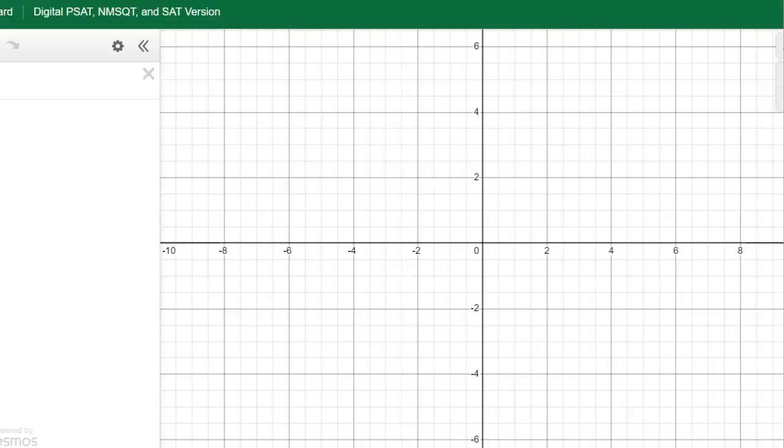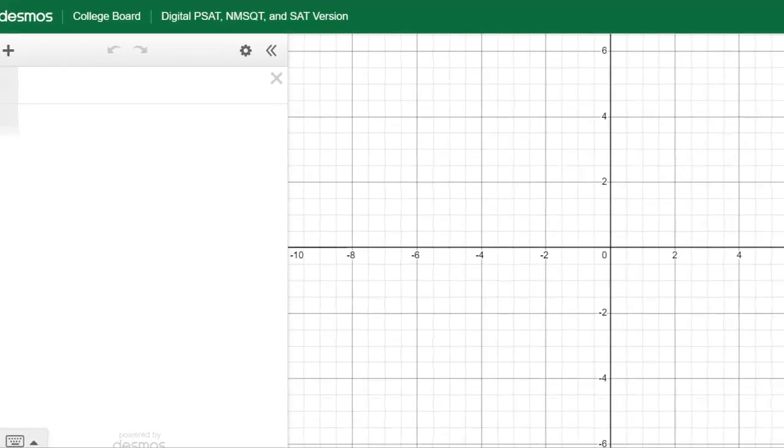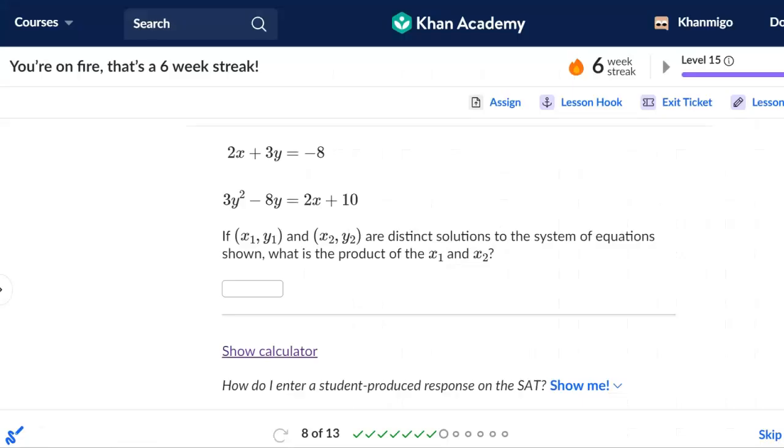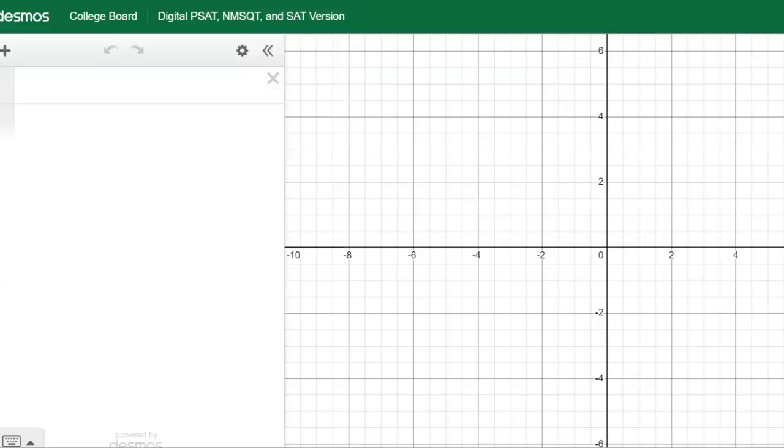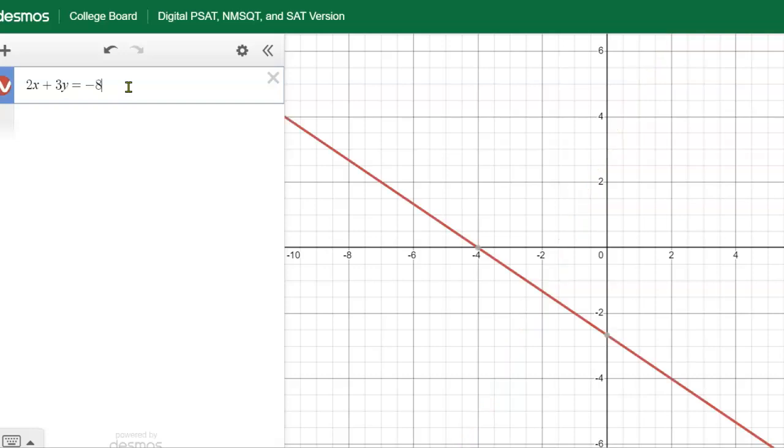All right, move that over so we can see it. First equation is a line. 2x plus 3y equals negative 8. All right, it's equation 1.